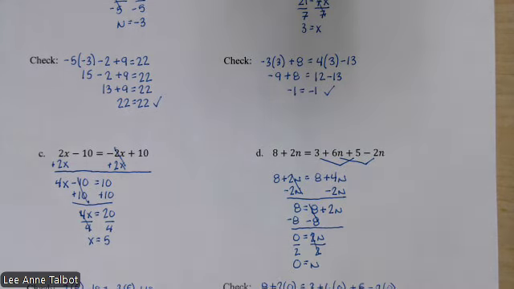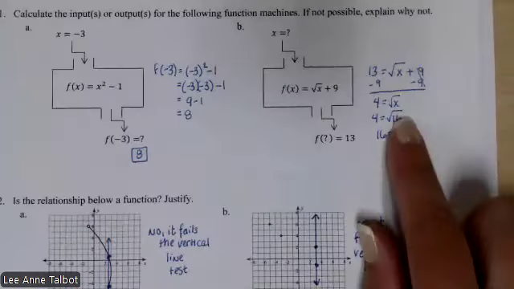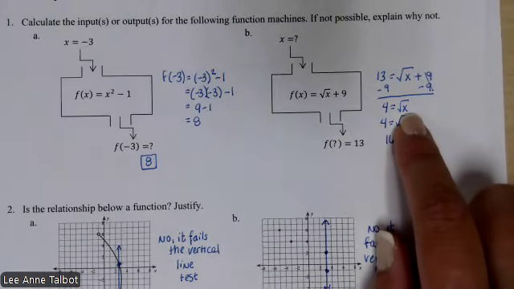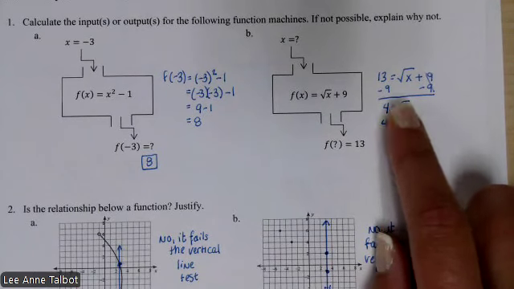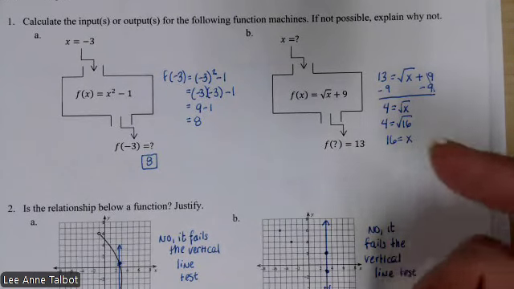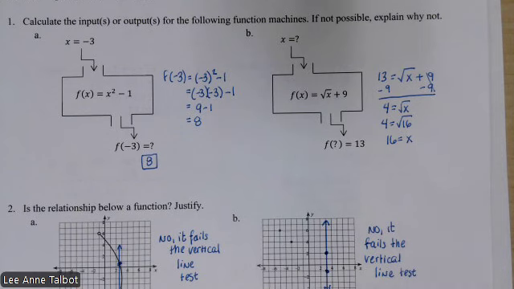Any questions about this page before we go back to the notebook? Do you want me to talk about the 16? I just reasoned it out in my mind. I just said the square root of what is 4. Or you could square both sides to get rid of the square root.